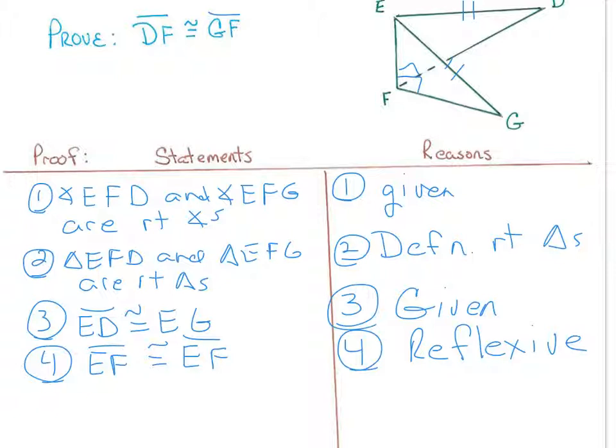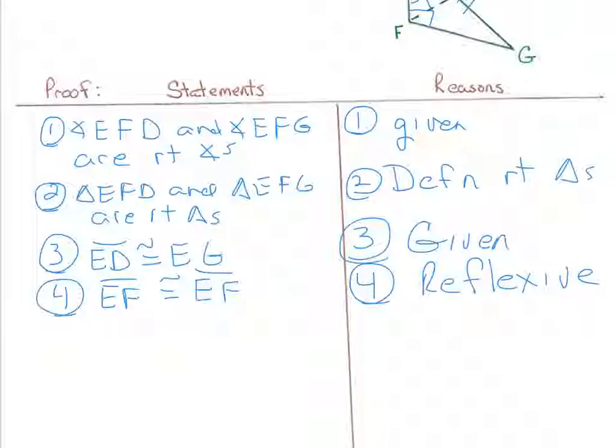Do I have enough information to prove my triangles are congruent? Yes. So what reason can I use to say they're congruent? Is it side angle side? Or can you do the HL postulate? Hypotenuse leg postulate. Because we have the hypotenuse and we have one leg. We do not have an included angle. And we said we can't use angle side side.